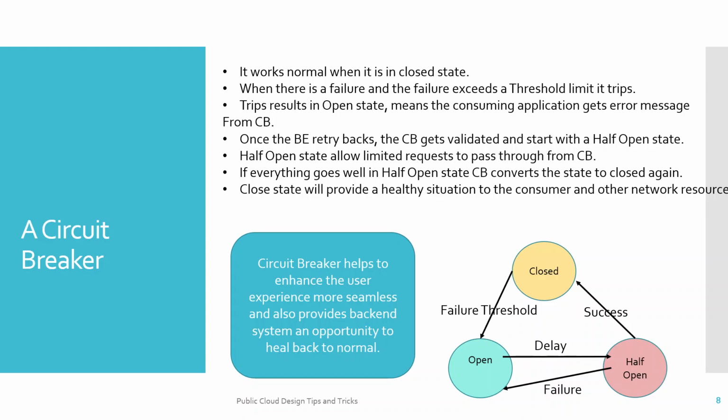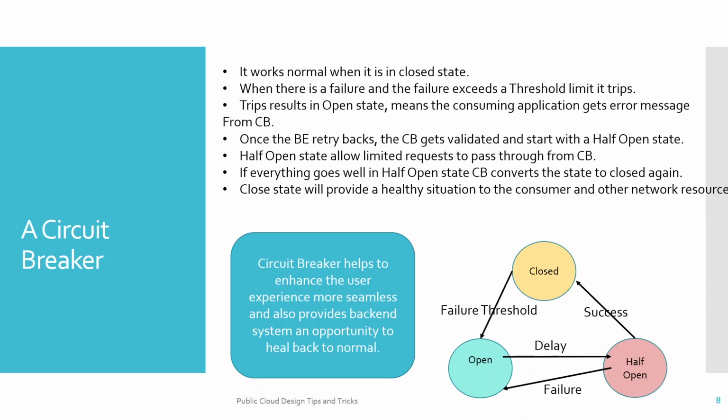Within that period, the circuit breaker gives enough time to the backend service to recover, and after it recovers, the circuit breaker starts validating whether the backend service has started working or not. And let's say it started working. Then that particular state is called half open state.